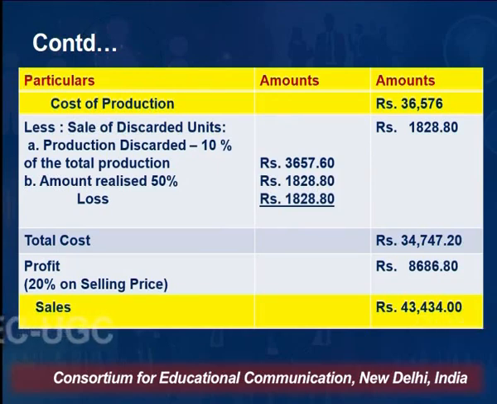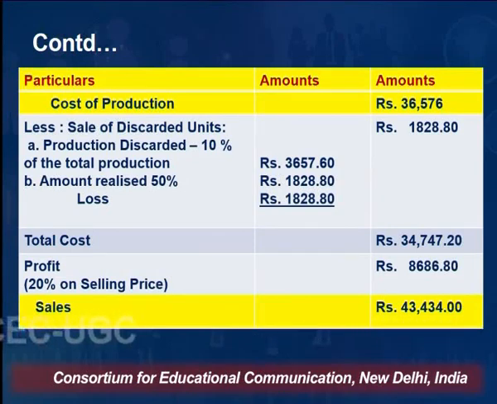So this is going to be my cost of production discarded. So 10% of your total production, what I have discarded, is going to cost me 3,657.60. And the question reports that when you sell it in the junk market, you will be realizing 50% of this value, which means the remaining 50% is going to be a total loss.